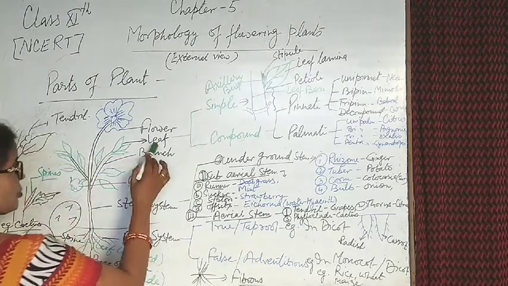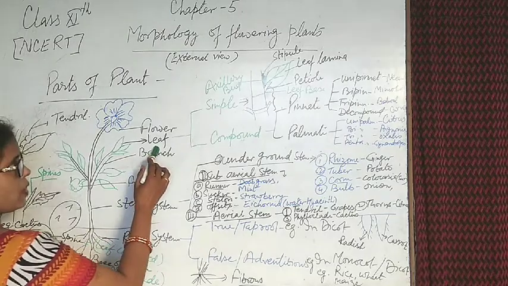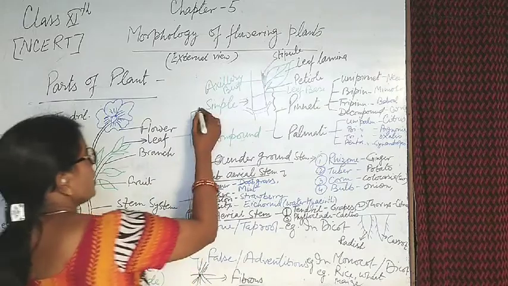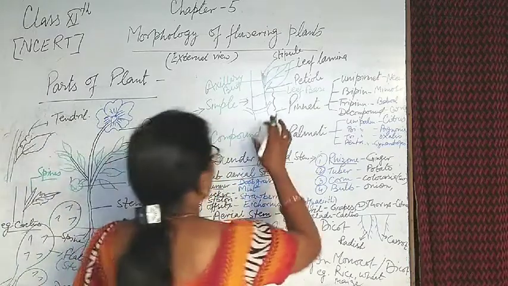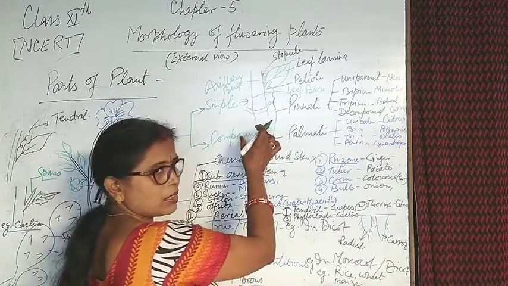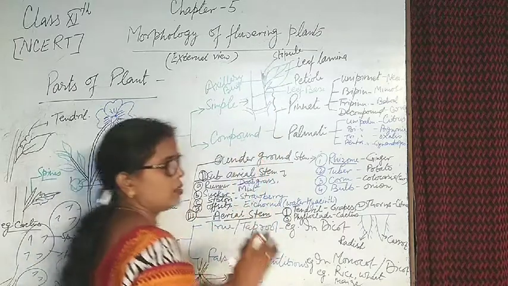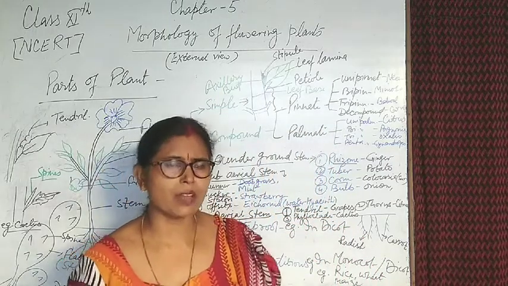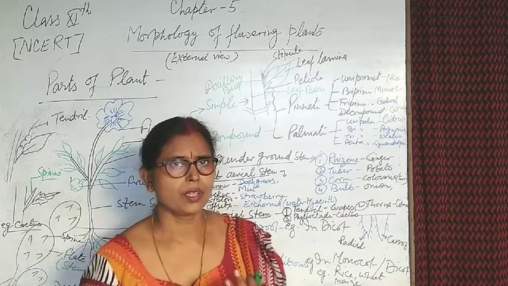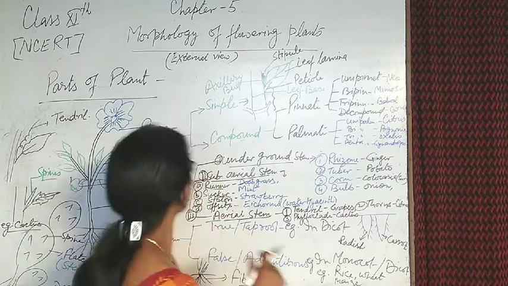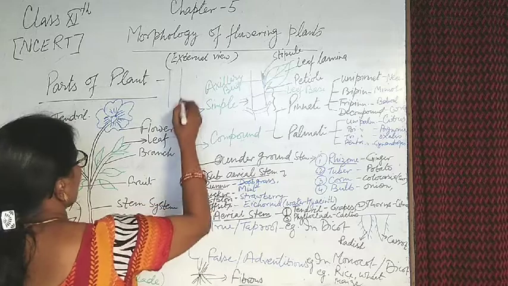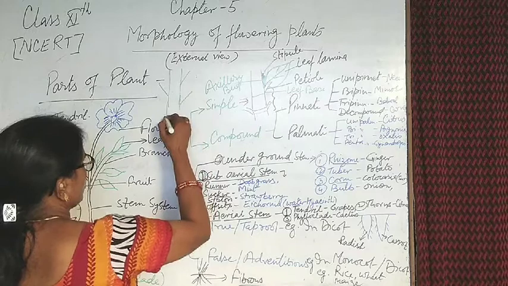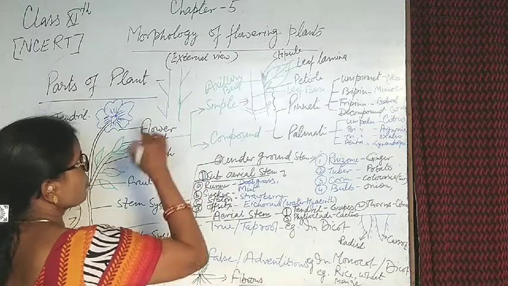And next part is the leaf. Leaves are of two types: first simple, second compound leaf. In simple leaf, the main stem part contains leaves. The basis of arrangement is of three types. First, alternate, where leaves are arranged up and down along the axis of stem.